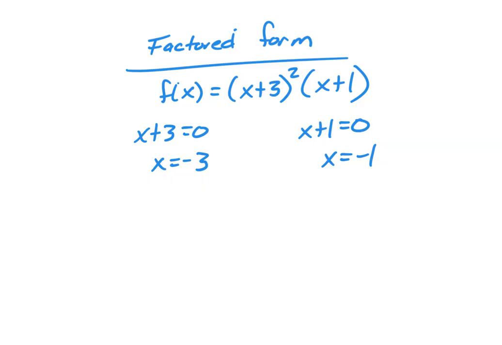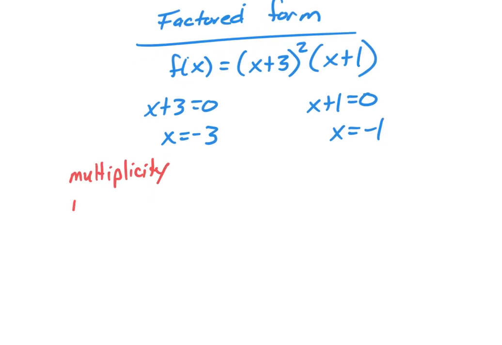Now, a different thing that we're going to talk about here is what we call the multiplicity. The multiplicity is based off of the degree. And this one is a little bit hard, right?